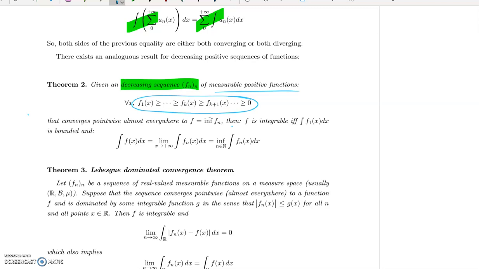And we still have pointwise convergence almost everywhere. As n tends to infinity, this sequence f_n of x tends to a value f of x for almost all x, and of course this time, as the sequence is decreasing, f is going to be the infimum of the sequence.